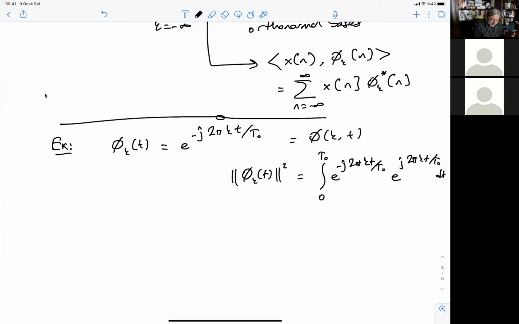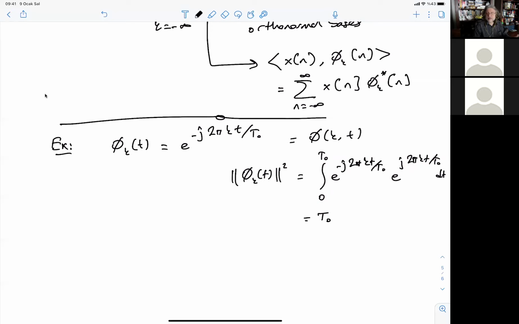So when you take this integral, you notice that this thing cancels with this one totally. It becomes 1, in other words, e to the 0, and e to the 0 is 1. So 1 times dt, the integral of 1, is t itself. And from 0 to T0, that makes T0.